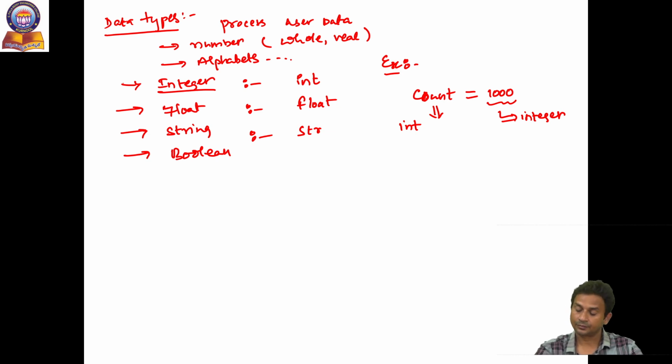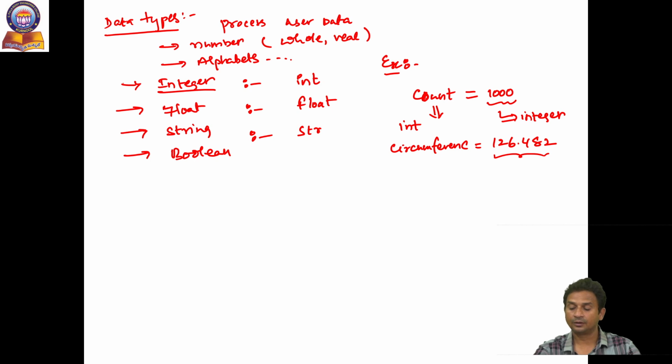And one more, circumference, which is a valid variable name, equal to 126.482. Now the data here is a real or floating point data.